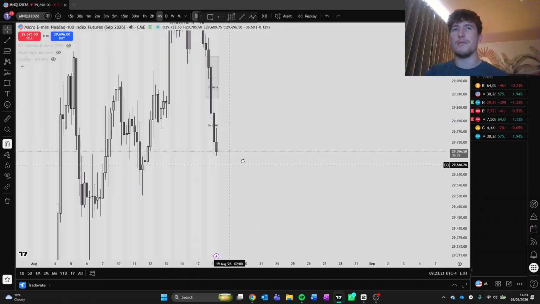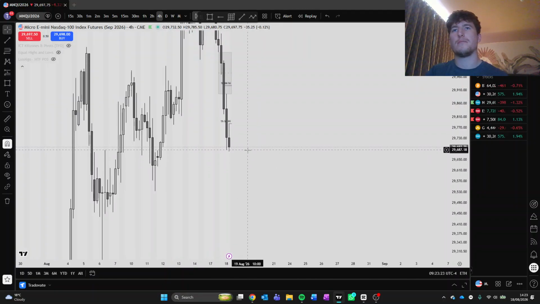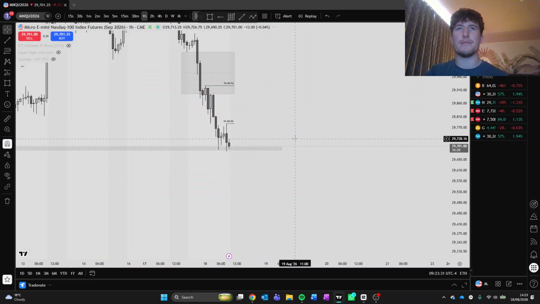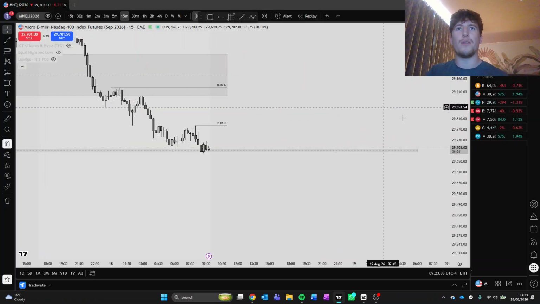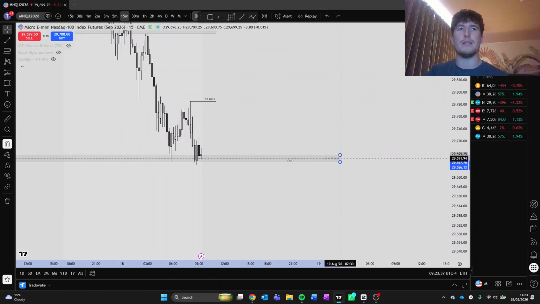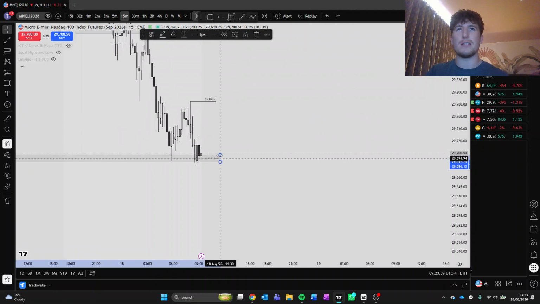We are on a 4 hour here. Okay, we are in between conditions here, which is a bit annoying. And when you're in between conditions, you look to see where the low resistance liquidity is to target it.